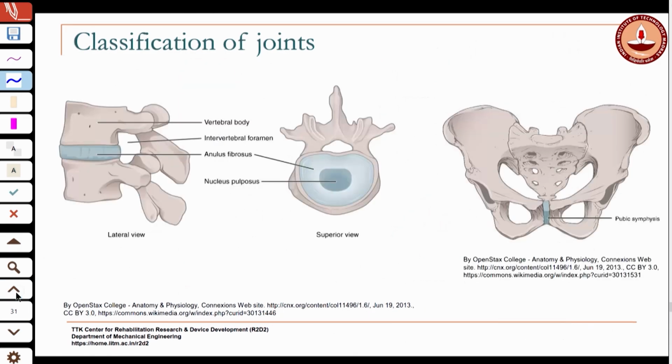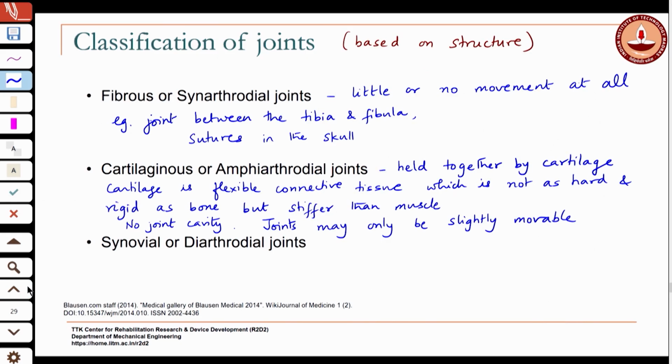The third type of joint in terms of structure is your synovial or the diarthrodial joints, and these are joints that are characterized by a joint cavity. This cavity contains a lubricant called synovial fluid. So all the major movable joints in the body are typically synovial joints.